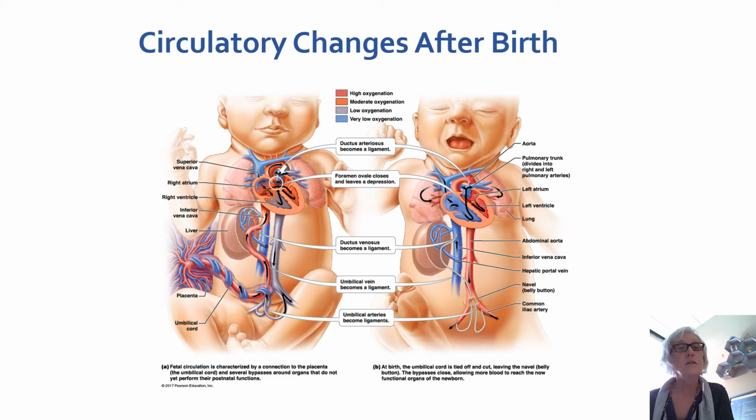The ductus arteriosus is a pathway between the pulmonary artery and the aorta. So in this way, blood can completely bypass the left side of the heart and move to the fetus's body. So this foramen ovale and ductus arteriosus are present in the fetus, but must be closed very rapidly when the baby is born.